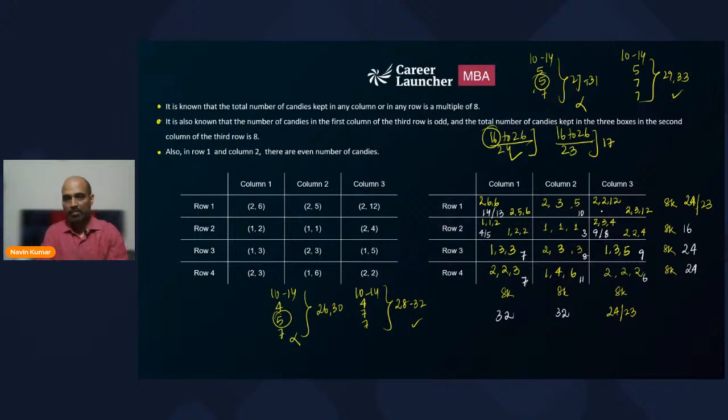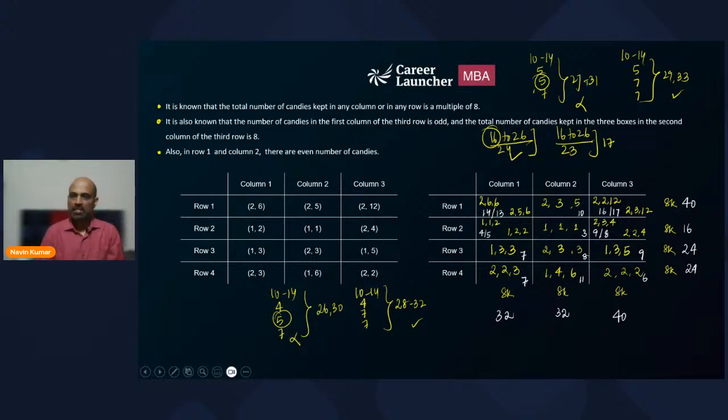So we will end up having 16 or 17. That means the overall sum is going to be 40 here and 40.